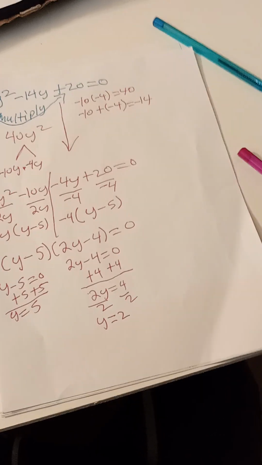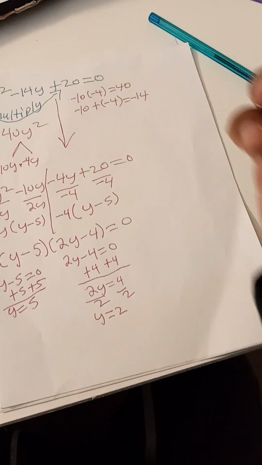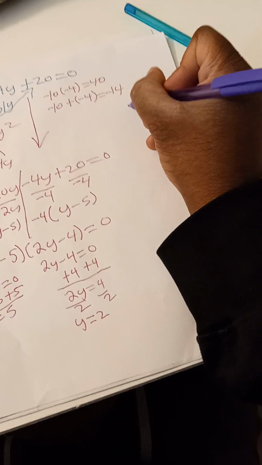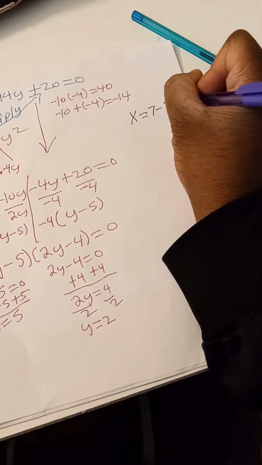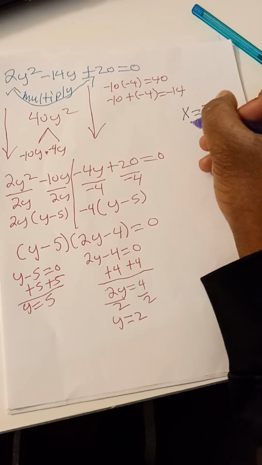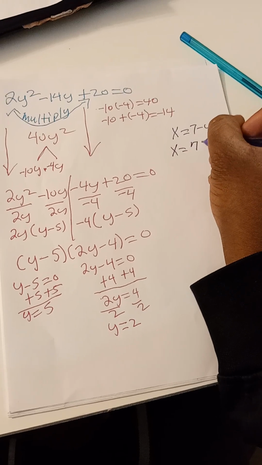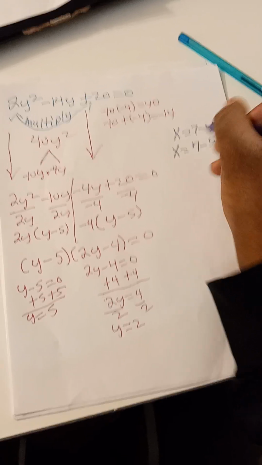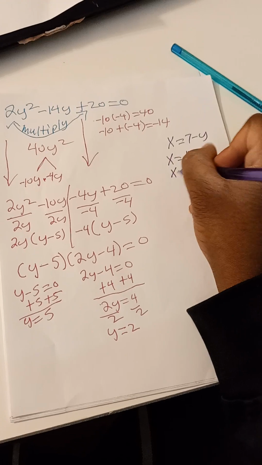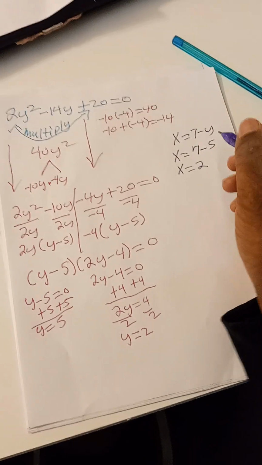Now we need to plug both solutions for y into the equation that we found earlier in the form of x is equal to 7 minus y. So x is equal to 7 minus the first y solution of 5. So x will equal 2 because 7 minus 5 is equivalent to 2.